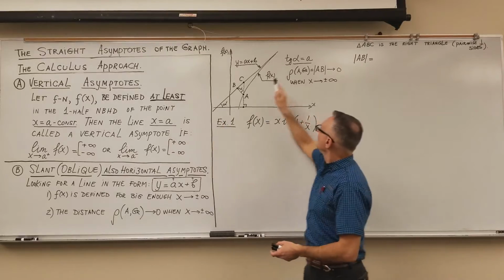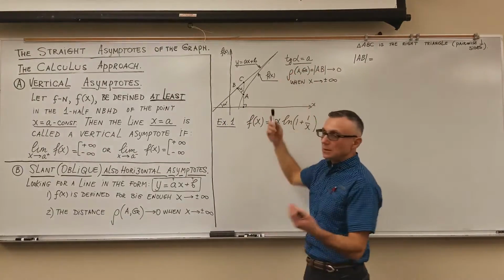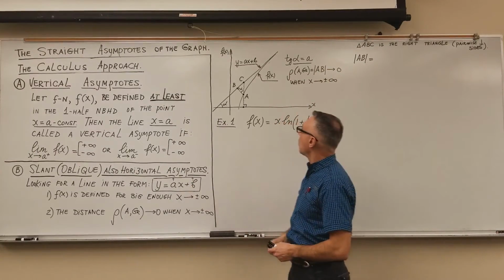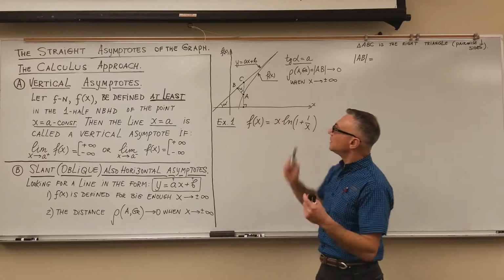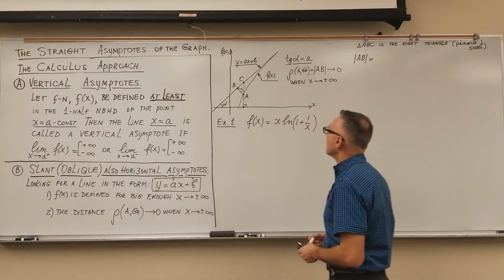This is alpha, and tangent alpha is the slope of the line. The tangent of alpha is equal to A, the slope coefficient. And BAC is also equal to the same angle alpha.